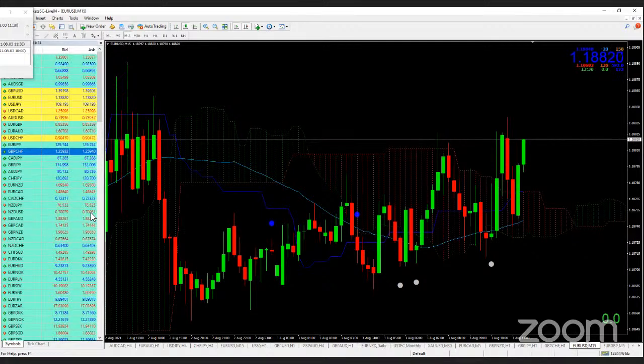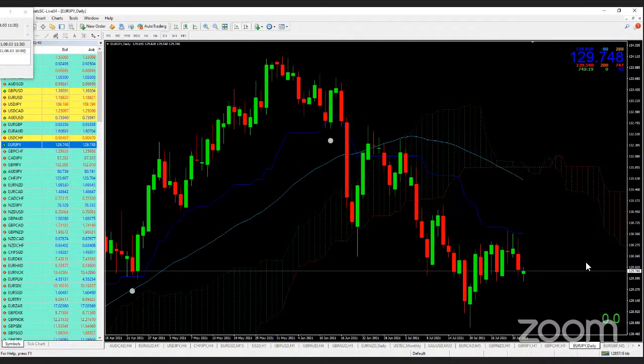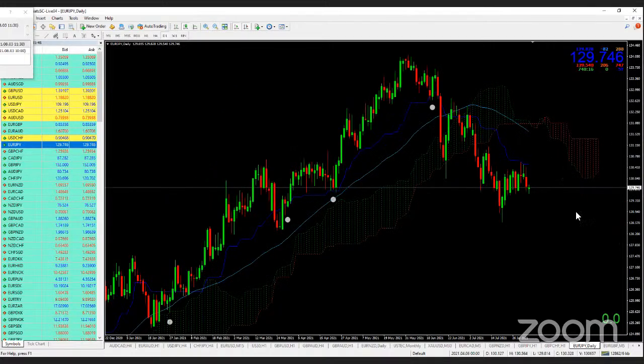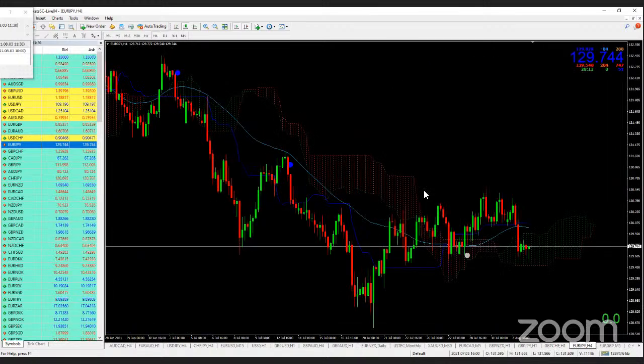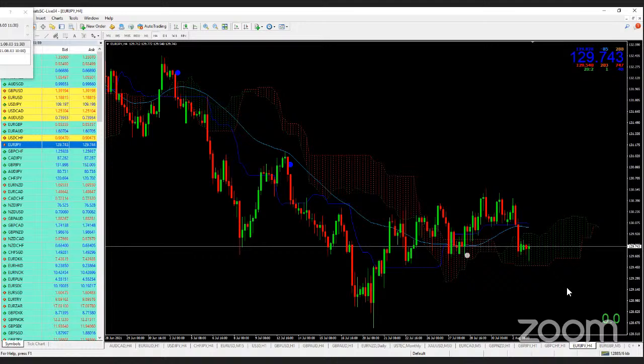Maybe they shouldn't be top of the list. They shouldn't be priority. Let's try Euro JPY, a higher time frame. The 4 hour. Right here, this is Euro JPY.